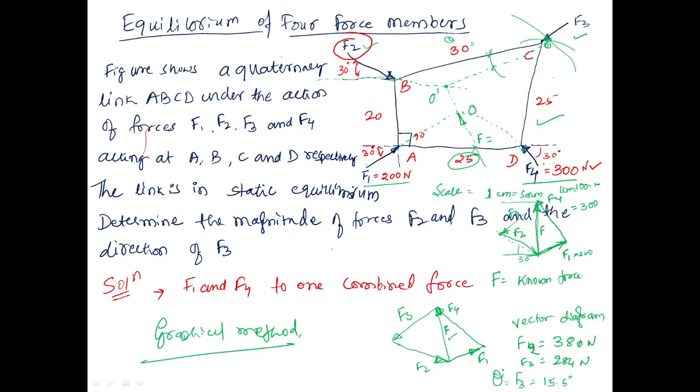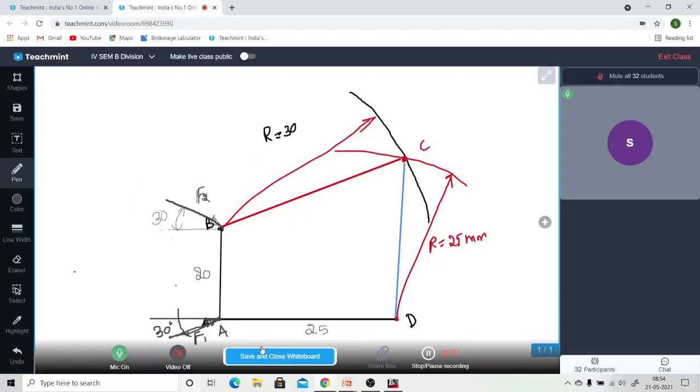Now let us draw here. Again, draw one horizontal line here. You can just extend it and then mark the 30-degree line here.